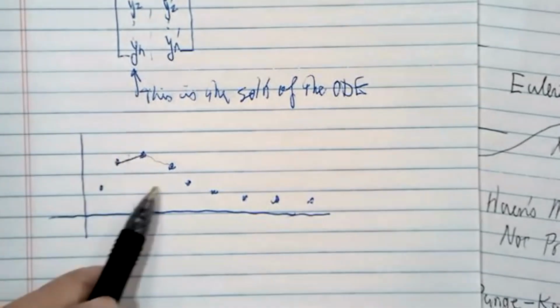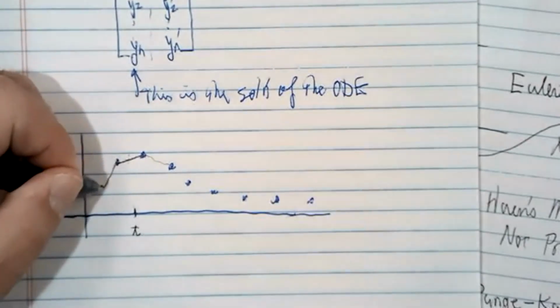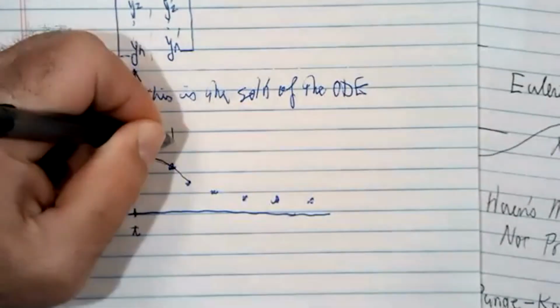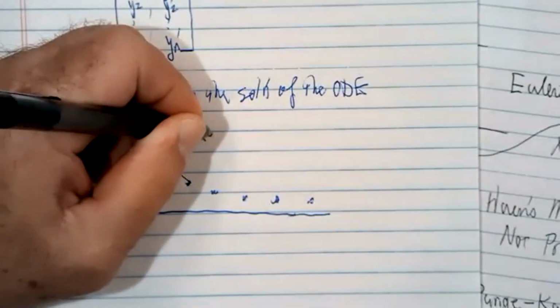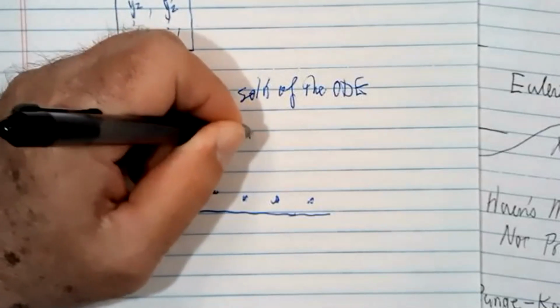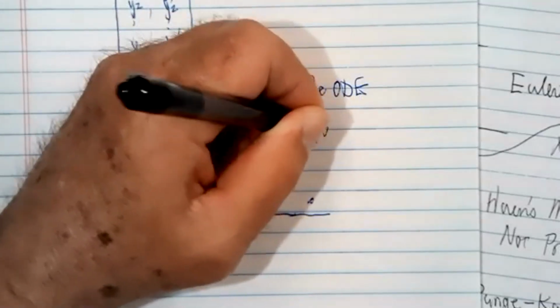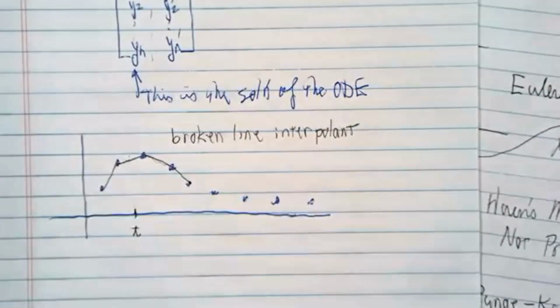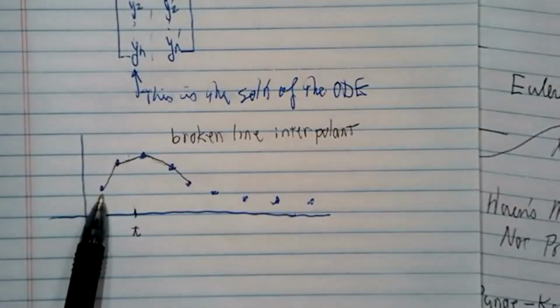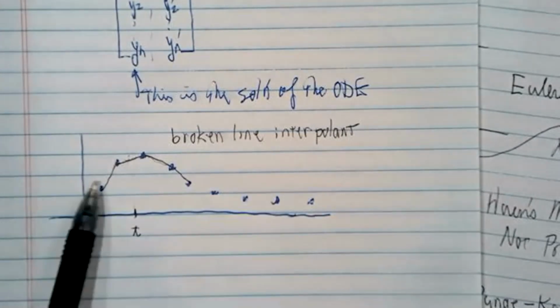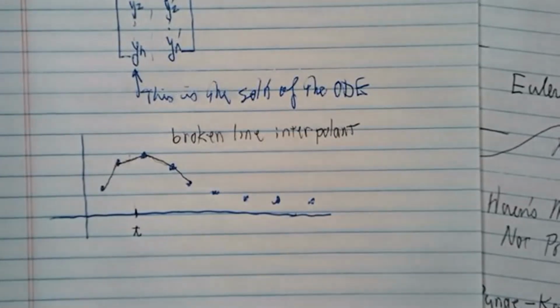This sort of thing that I'm drawing right here is sometimes called the broken line interpolant. To interpolate means to put a line or a curve through the points. And broken line, well, you get the idea. It's got kinks in it, right?